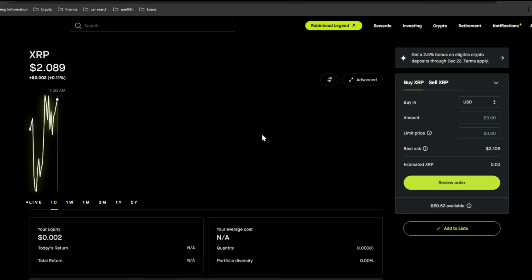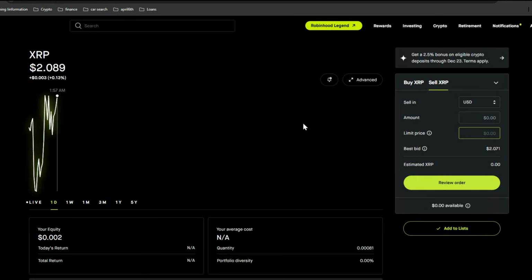As it would imply, the sell is just the exact opposite. You want to have that commodity in your portfolio before you initiate that. Currently, I don't have any to sell. Go ahead and click on sell XRP. You see, I have nothing available there. But when you do, when my buy order executes, what I would do is set a limit price to sell it at. And remember, you can't sell it unless it's above the market price.